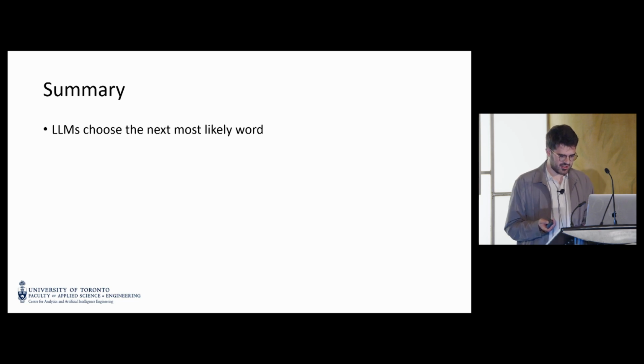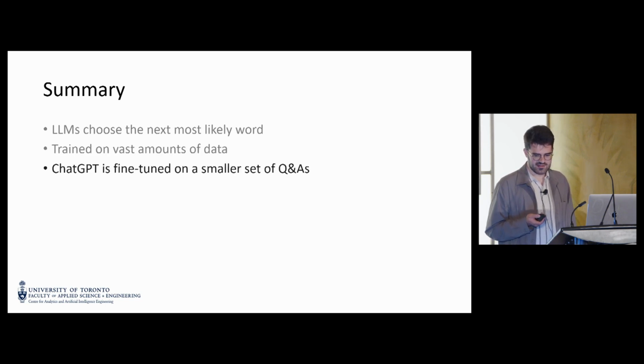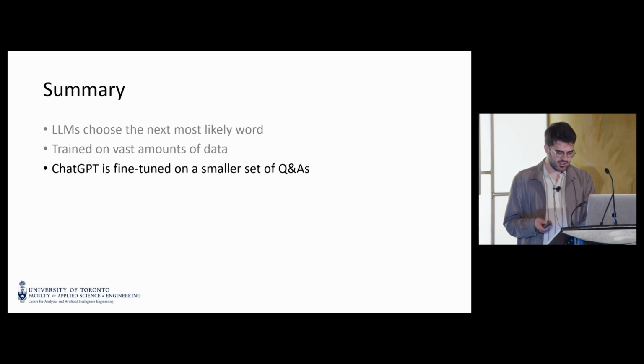So to bring everything together, large language models function by successively choosing what they estimate to be the most likely word to follow in a sequence. They're trained from vast quantities of text that are sourced from some legitimate and some potentially dubious data sets. Models like Chat GPT are fine-tuned on a much smaller set of question and answer pairs, which means they're susceptible to a range of biases introduced by human annotators.